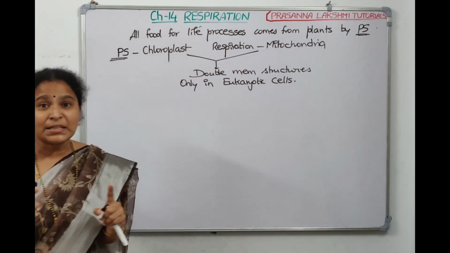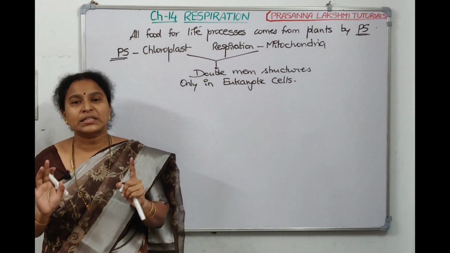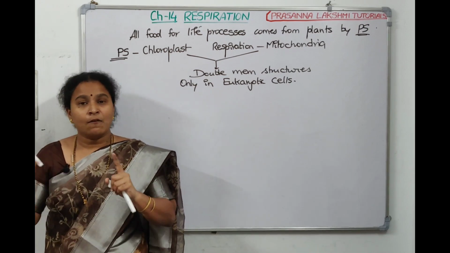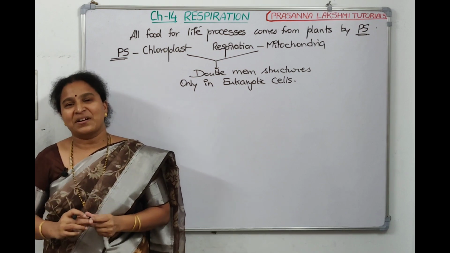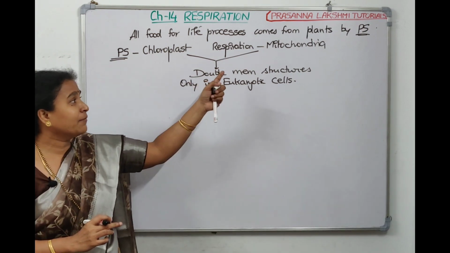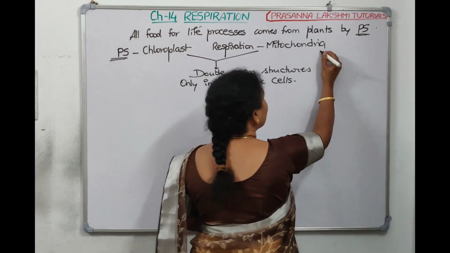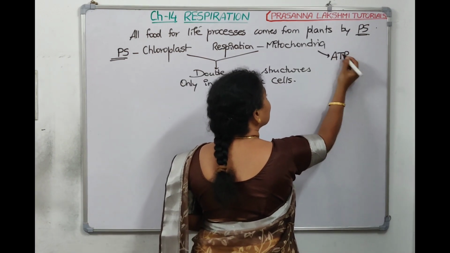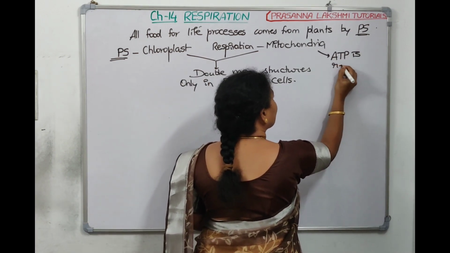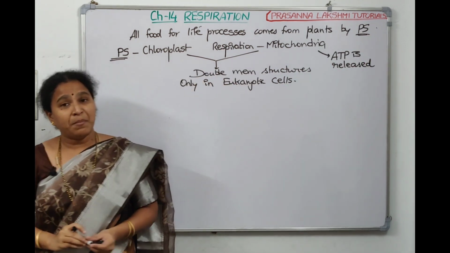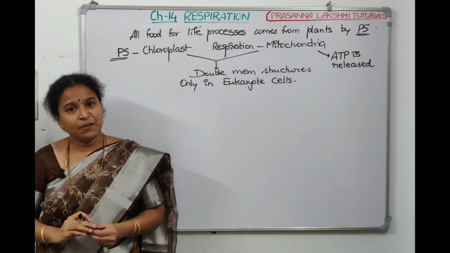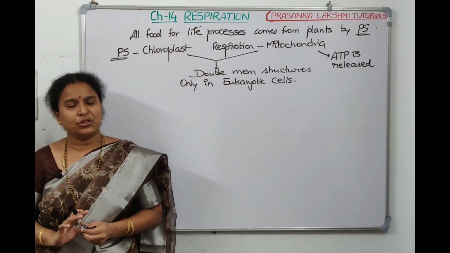So in eukaryotic cells, food is prepared in chloroplast, and food is broken down in mitochondria. When we do respiration in the mitochondria, what happens? Energy, ATP is generated. ATP is made, right?